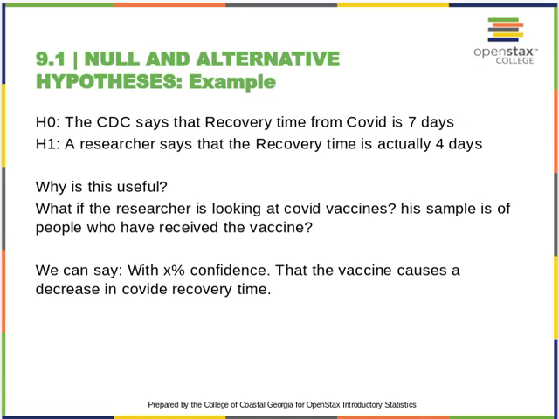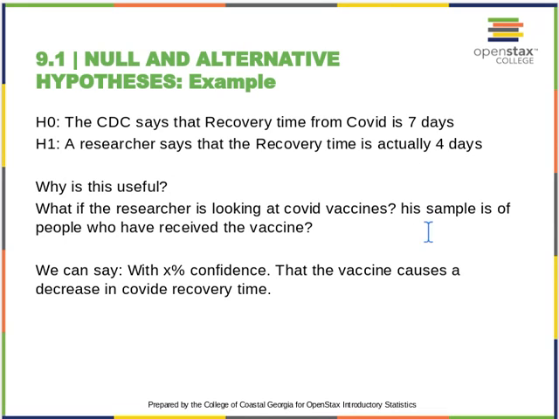Now, why is this a useful example, and why do we do hypothesis testing? Well, consider this. Maybe the researcher isn't just a researcher, he's a COVID vaccine researcher. His sample is of people who have received the vaccine. Now he's saying that if you receive the vaccine, your recovery time is 4 days. And the CDC is saying that the recovery time is 7 days. Assume that it is in the rejection region, that it is statistically different from 7 days, that it falls outside of our confidence interval.